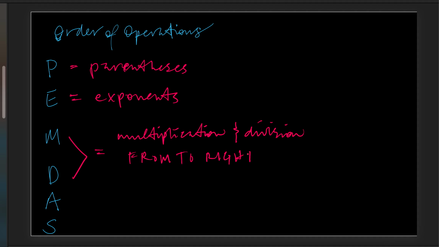So you're going to have to remember it's from left to right. So sometimes division might come first. Whatever comes first from left to right, you do that. And then same with addition and subtraction. They come together. Sometimes subtraction comes first. That's what I mean by they come together. Addition and subtraction.